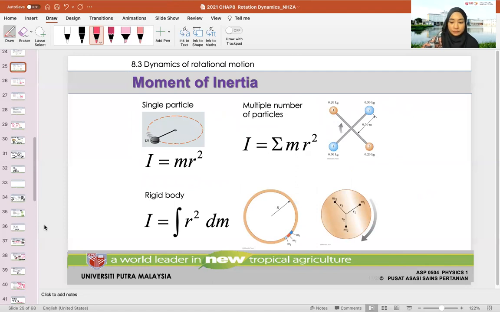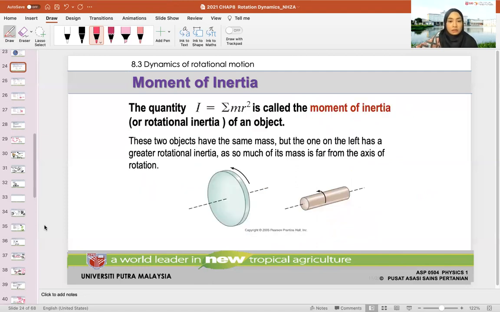So here, these two objects have the same mass, but the one on the right has a greater rotational inertia. Sorry, I mix up left and right, I'm dyslexic. This is your I. It has a greater rotational inertia on this side, and this one has a smaller moment of inertia.